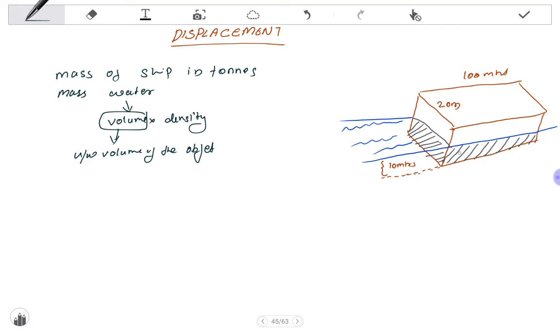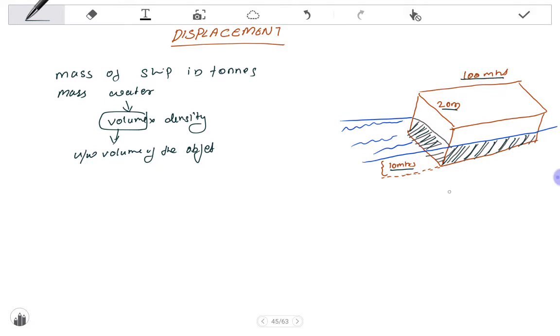In this diagram, this is an object and this shaded area is the underwater volume. It is floating on water, and it has 10 meters draft, 20 meters width and 100 meters length. So it is a box shaped vessel.